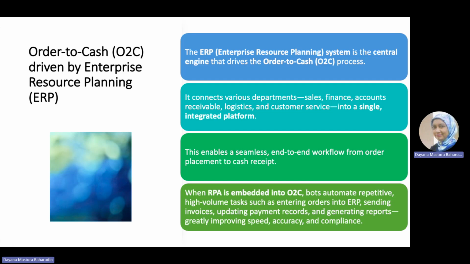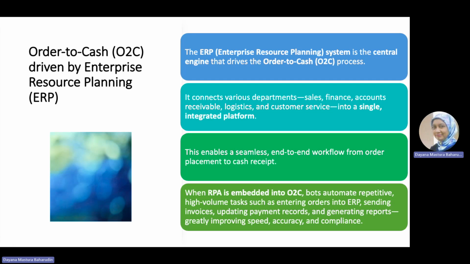It's fantastic. It's awesome. It's efficient. But the thing is, you need to have RPA embedded onto the ERP, which will make it much more efficient because ERP does not have bots or robots. But the RPA would have bots.